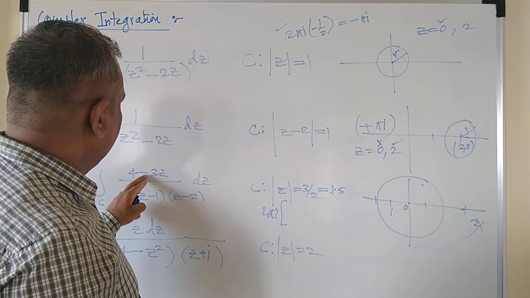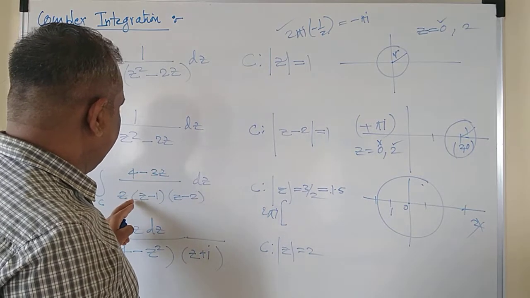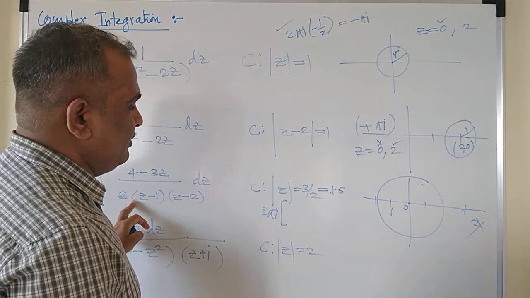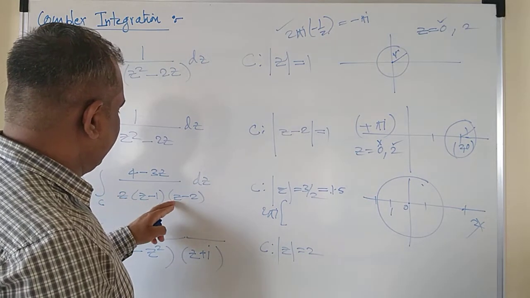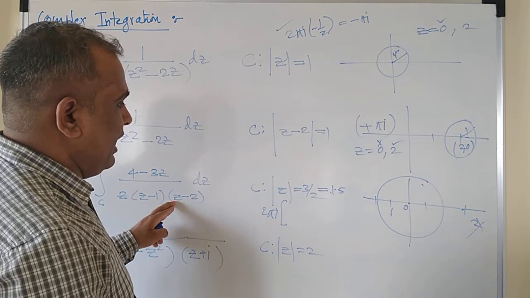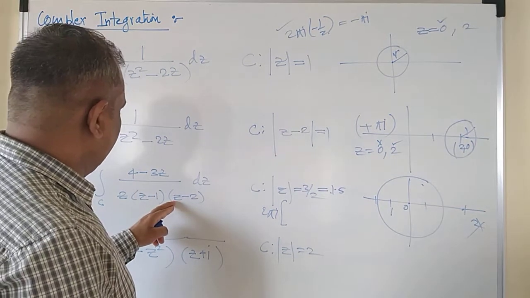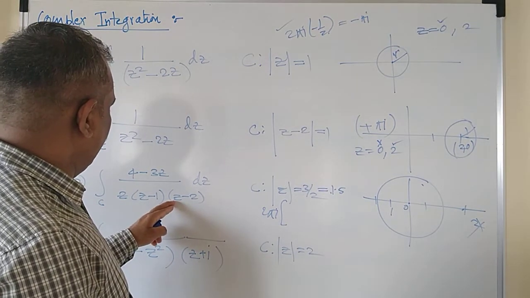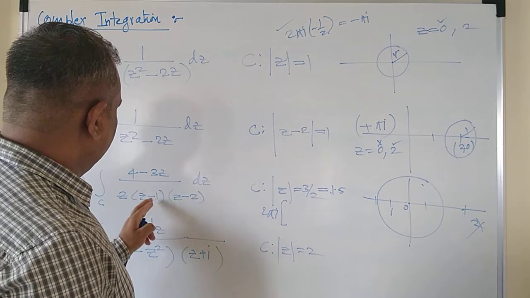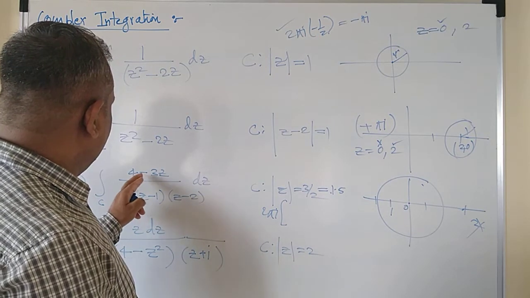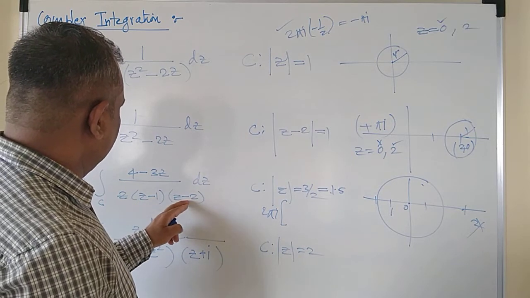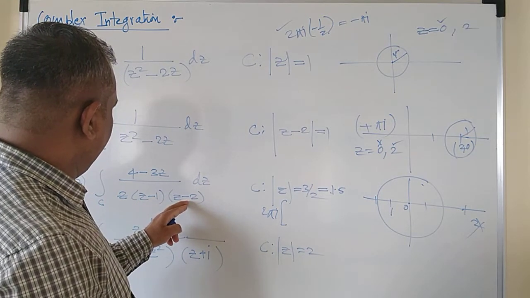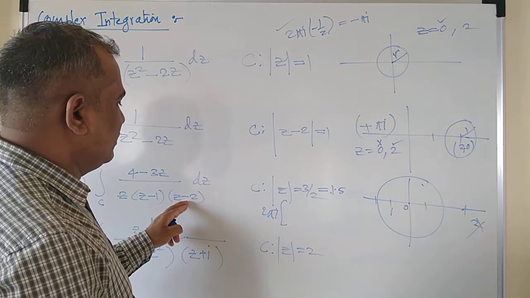So in this case you will get 4 minus 3z divided by, let's calculate first for z equals 0. So z will be at the denominator, the rest of the things will be at the numerator, and you are supposed to put the value z equals 0 into it. If you put z equals 0 into it, this will give you 4 divided by minus 1 into minus 2, that is plus 2. So 4 by 2 is 2, right?